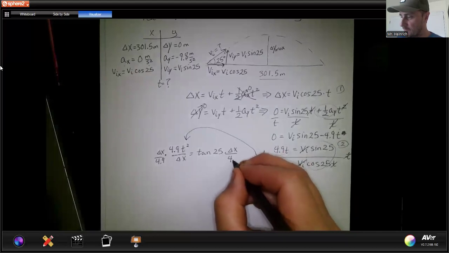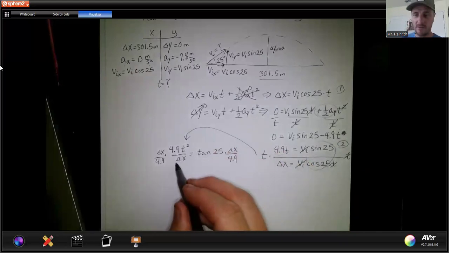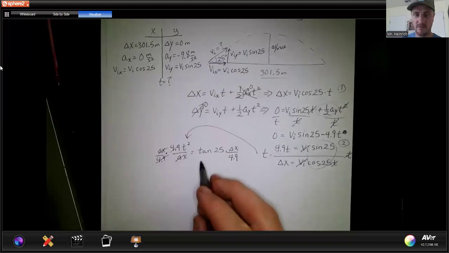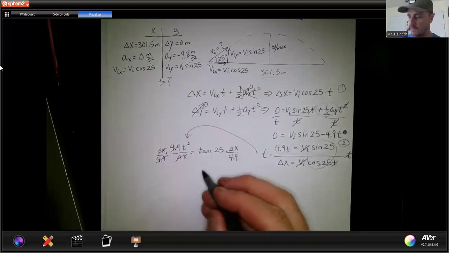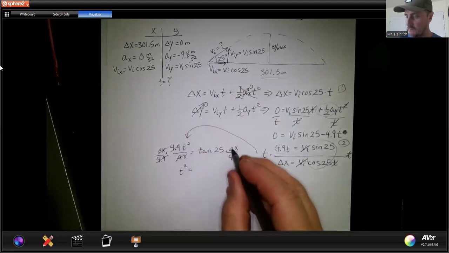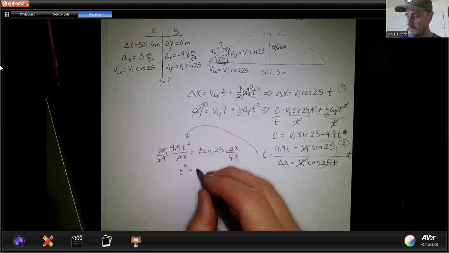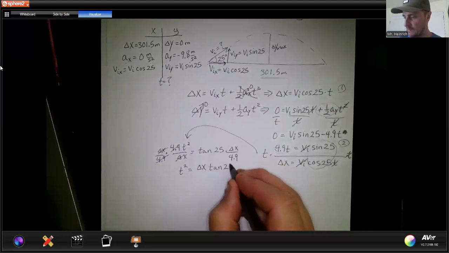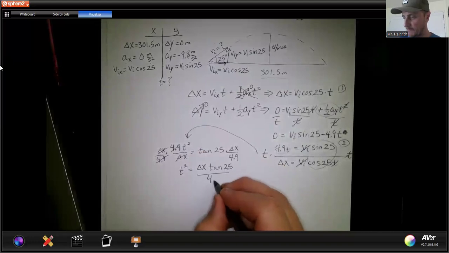All right. So I multiplied by the reciprocal, right? So this delta x goes away with this one, 4.9 cancels out, and we brought it over here as well. So we'd have t squared is equal to, what's delta x? Well, let's plug it in a second, but let's finally just write this.